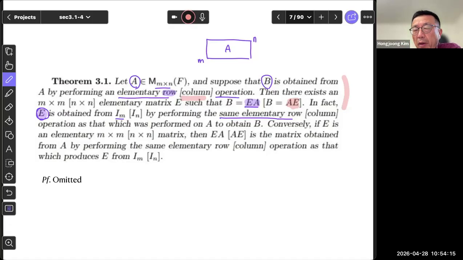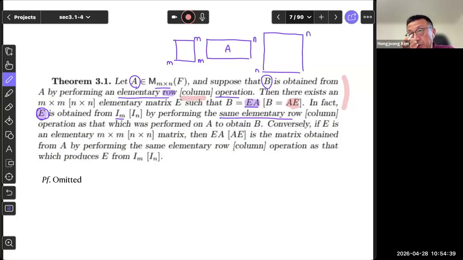If your square matrix E is multiplied from the left, then this matrix must be an m by m matrix, right? If you multiply the certain matrix from the right, the matrix must be an n by n matrix.